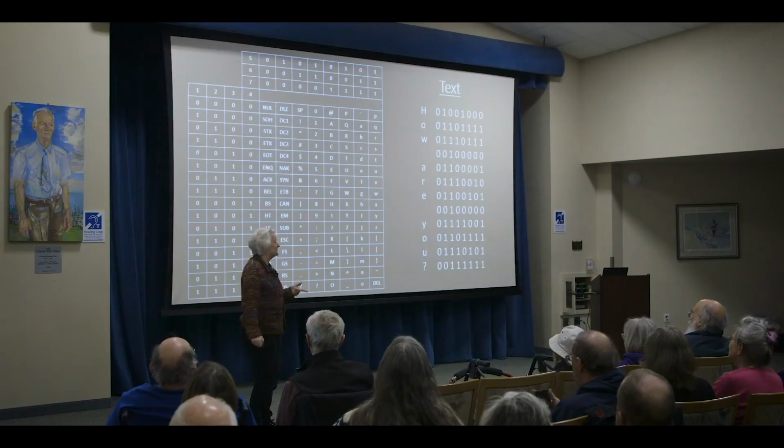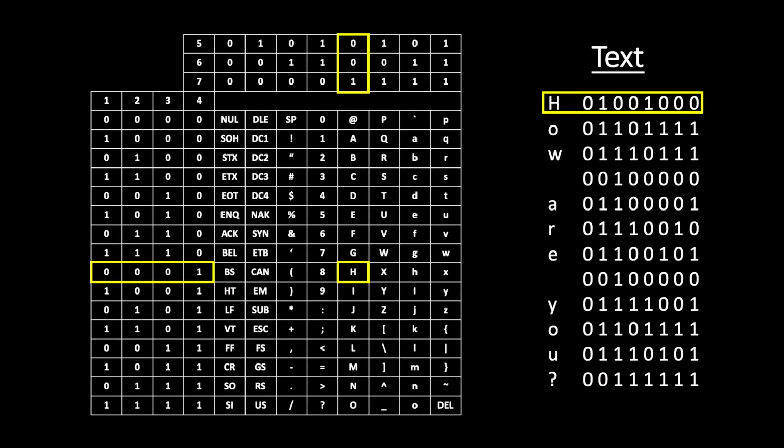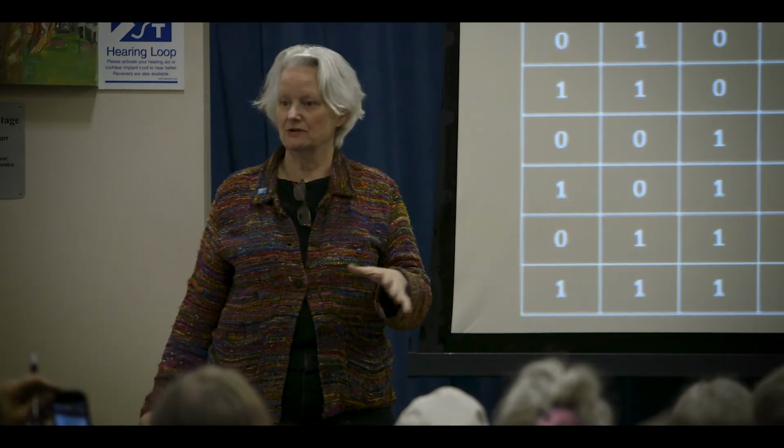And you can decode those bits by finding the letter in the table and going up and taking a look at what the header is in the top, in the column, and what the row is, and it will tell you what ones and zeros go together to make the letter H.